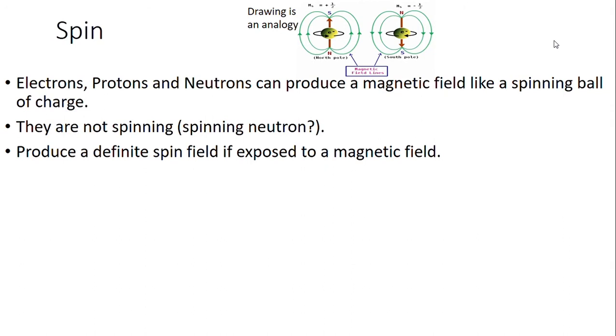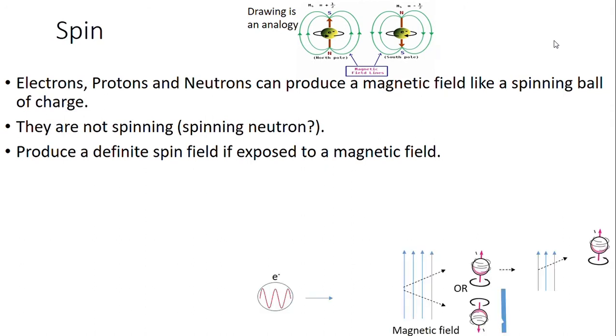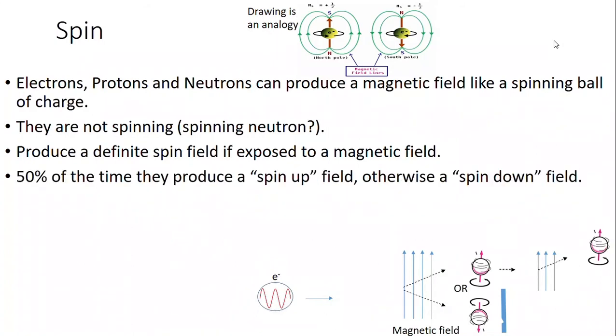And how do you produce these things? Well, an electron coming into a magnetic field may have a spin to it or it may not. One possibility is that it could be both spin up and spin down at the same time, in what's known as a superposition. But when it hits a magnetic field, it collapses, it instantly reforms to produce either a spin up field or a spin down field.